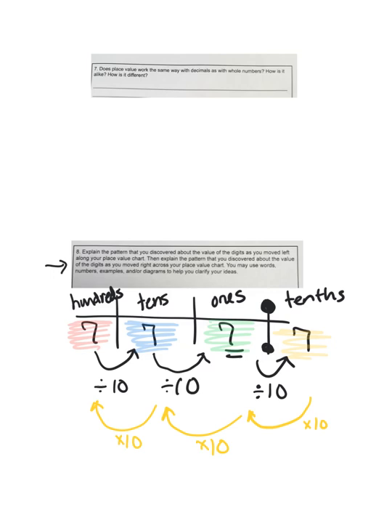Okay, for this last question, I kind of went a little bit out of order, but let's go back to number 7. Let's think about the ways that place value is the same when you're working with decimals, and let's think about ways in which place value is different when you're working with whole numbers. Just to get you started, I'll give you one thing that I know is the same and one thing that I know is different, and then you guys tell me what you come up with, okay?